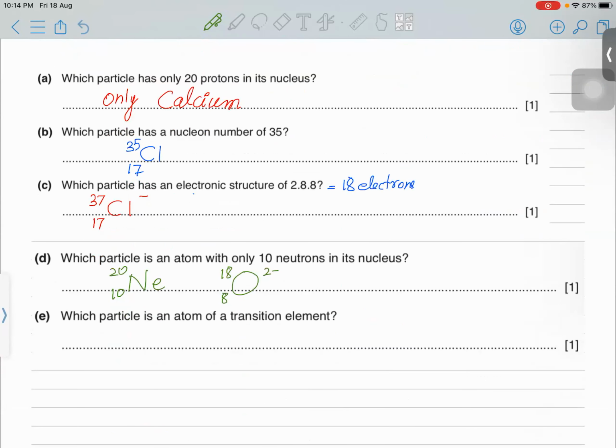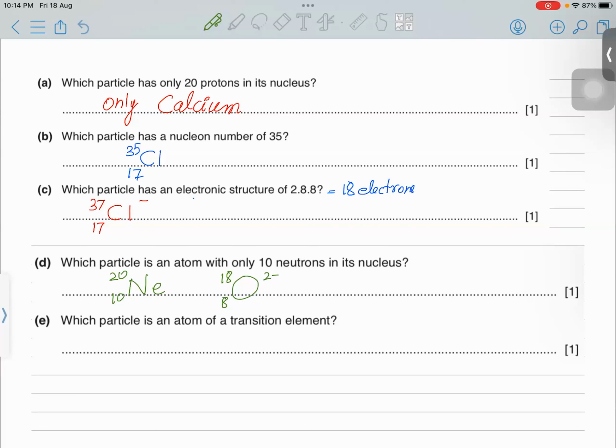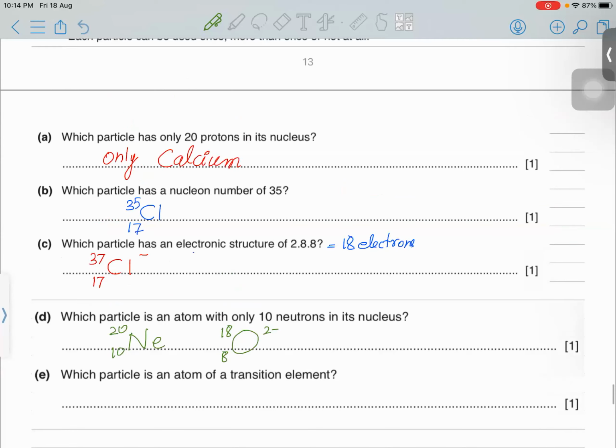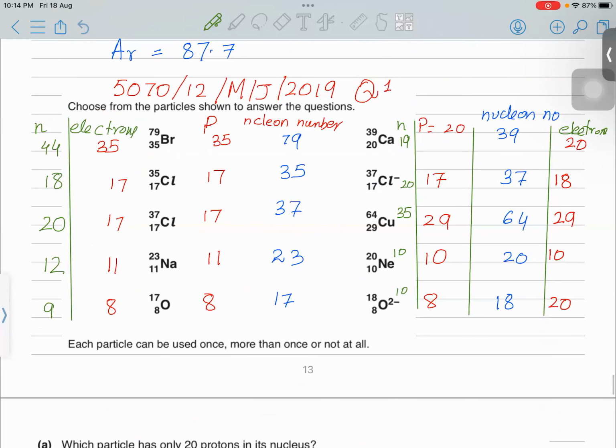Which particle is an atom of a transition element? Sir, I have a question. Yes. We get the neutron number by subtracting the proton number. So for O2 minus, shouldn't it be 18 minus 8?